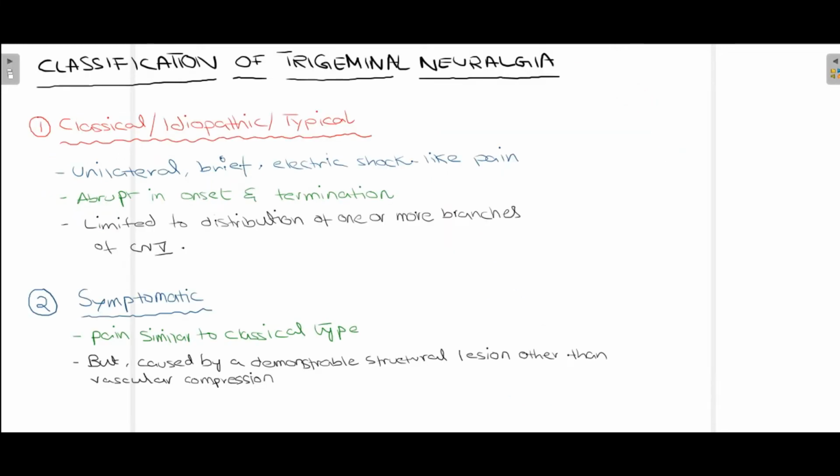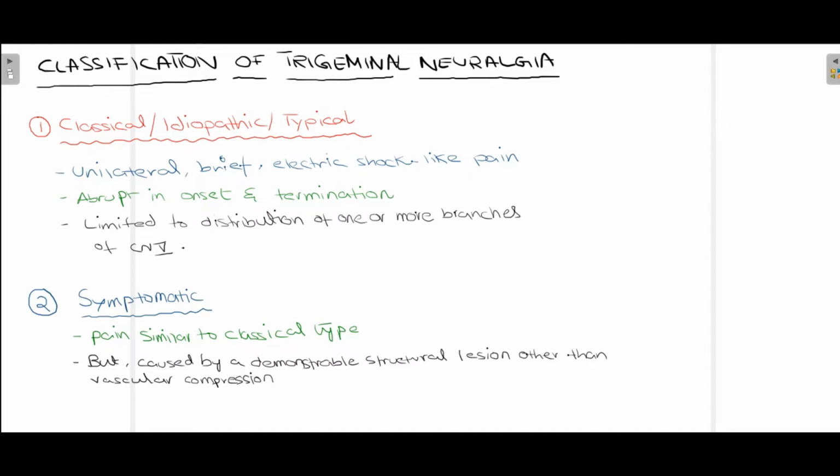Now, trigeminal neuralgia is classically classified into two types. The first is classical, also called idiopathic or typical, and the second is symptomatic. Let's talk about classical trigeminal neuralgia first. In this case, the patient suffers from unilateral pain which is brief in nature, and is described by patients as electric shock-like pain.